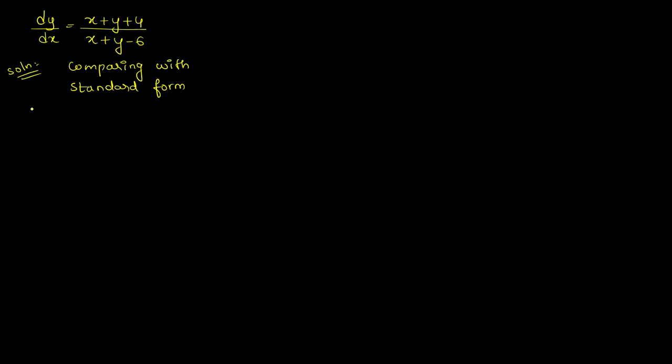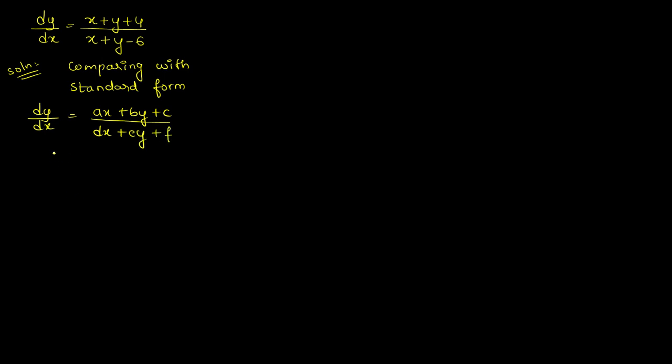So we know that the standard form is dy by dx equal to ax plus by plus c divided by dx plus ey plus f.